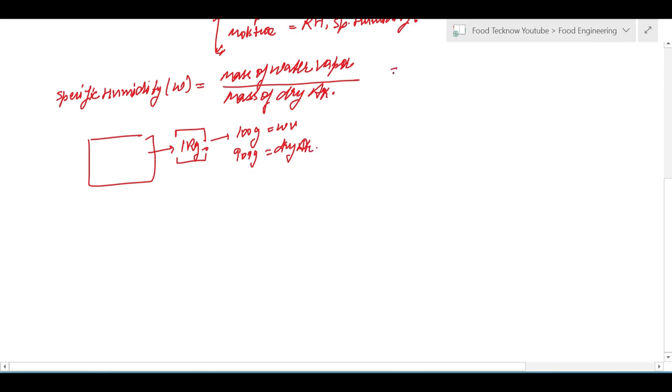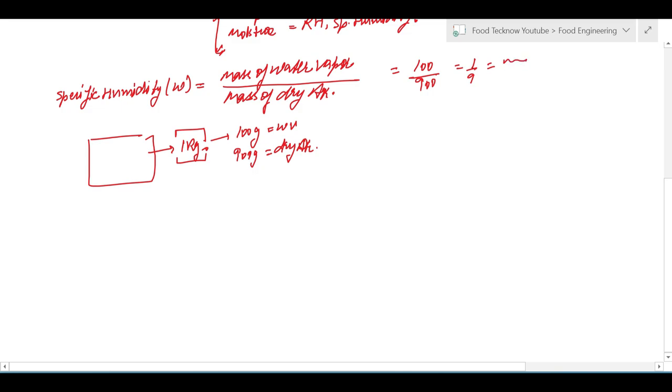Then the specific humidity would be equal to the mass of water vapor, that is 100 gram, divided by the mass of dry air, that is 900 gram. So it would be equal to 1 by 9. So you can calculate the things in the decimal form.